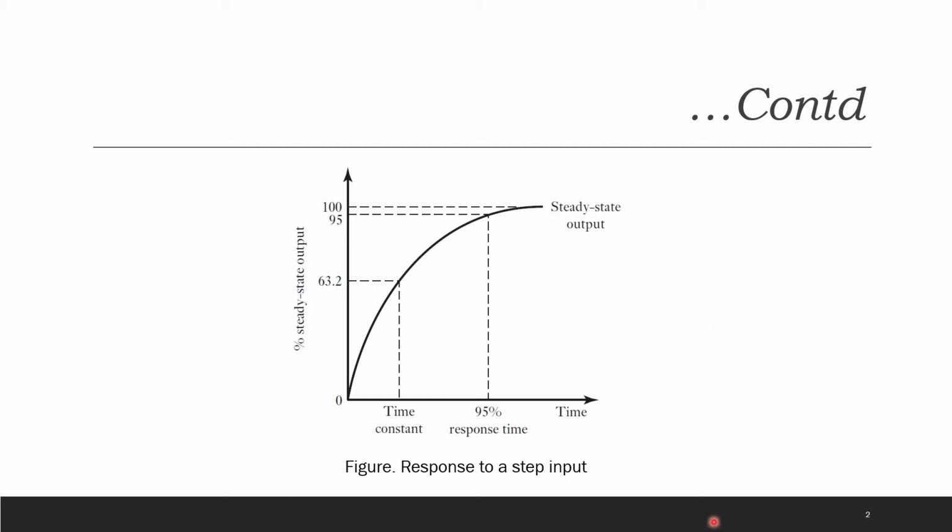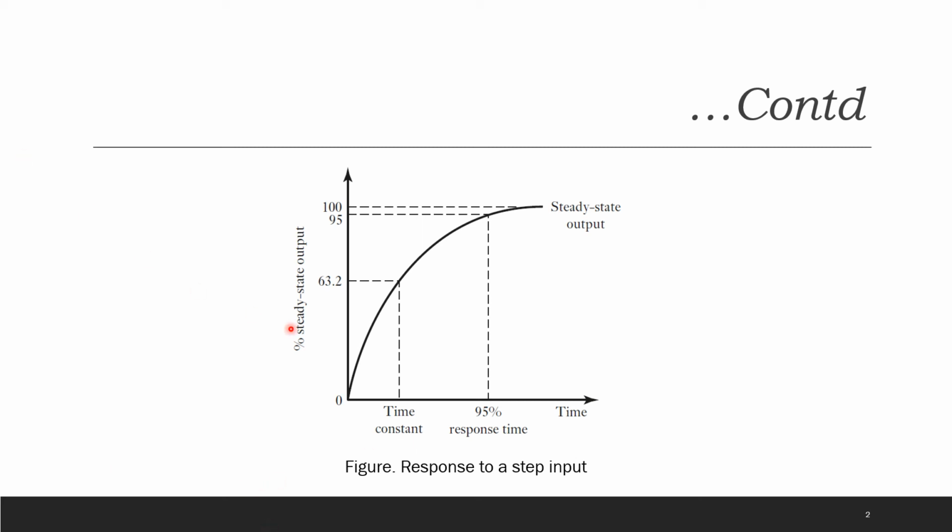In this case, this is the 95% of the final output value, and corresponding to that on the time scale, we get the response time. The second one is the time constant, the time taken for the transducer to reach 63.2% of the final output value. Again we plot it to the time scale and we get the time constant.